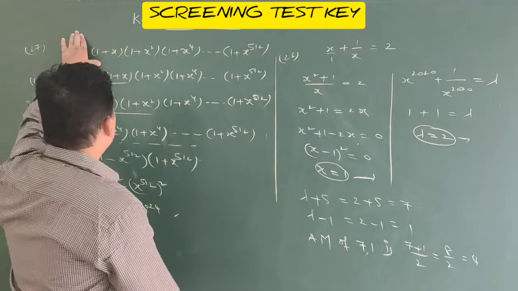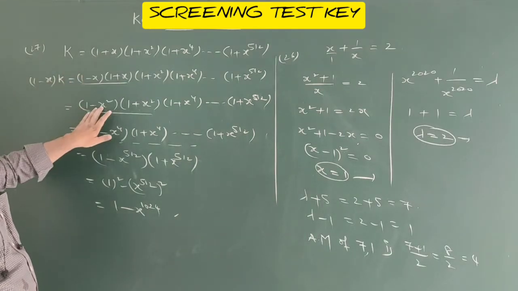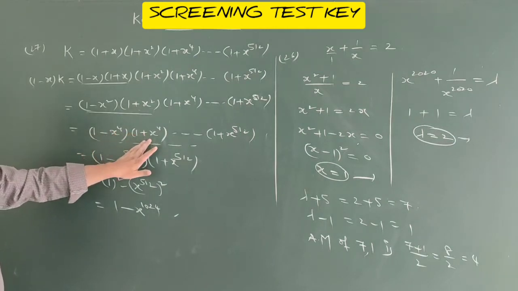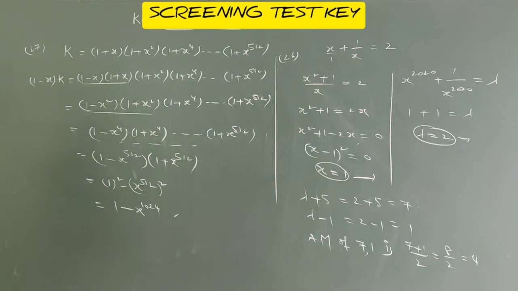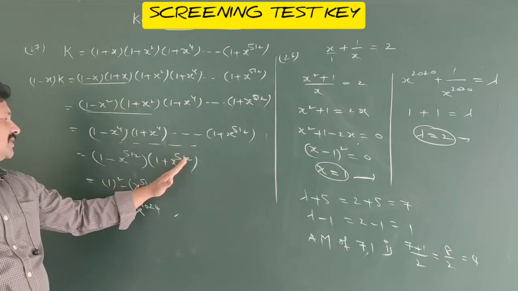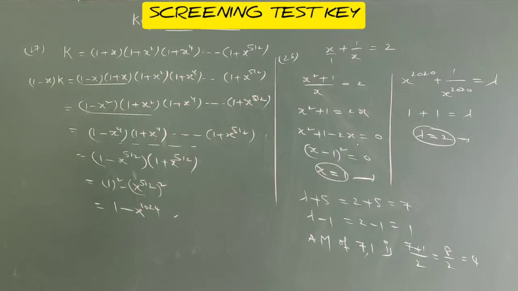Now k value they gave; 1 minus x into k is required. If the given k is multiplied by 1 minus x, 1 minus x into 1 plus x becomes 1 minus x square. 1 minus x square into 1 plus x square becomes 1 minus x power 4. 1 minus x power 4 into 1 plus x power 4 becomes 1 minus x power 8. Next x power 16, 32, like that, till 512. After getting 512, here 1 minus x power 512, 1 plus x power 512, again a square minus b square form. So finally we got 1 minus x power 1024. 28th one, we already saw, explained this one.